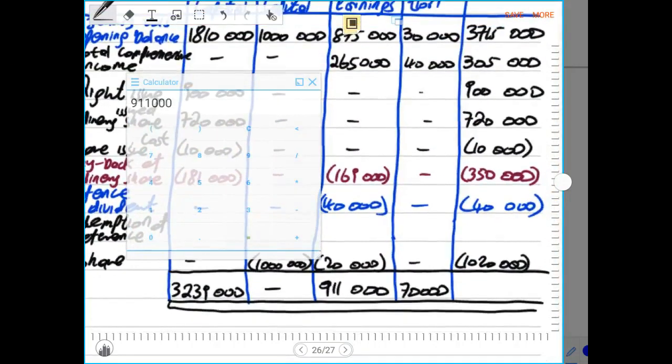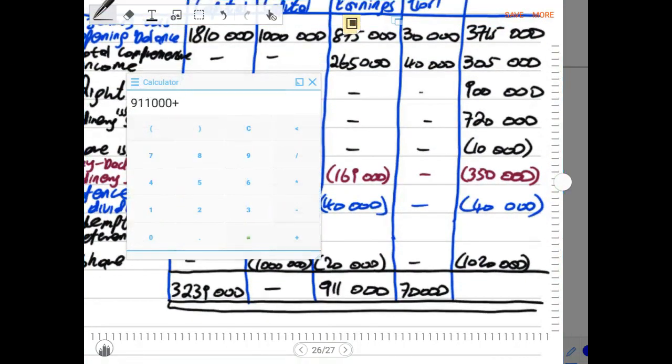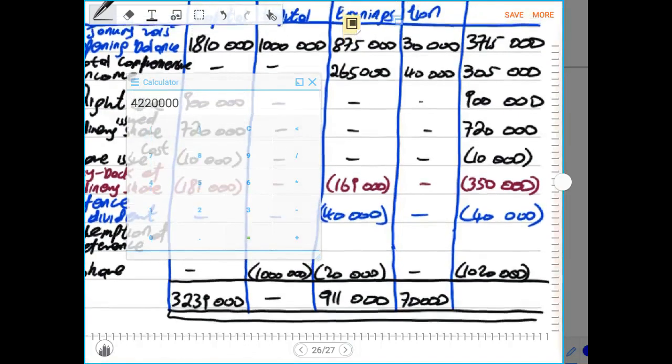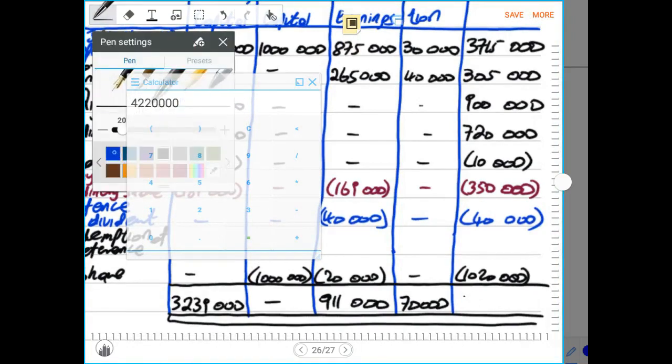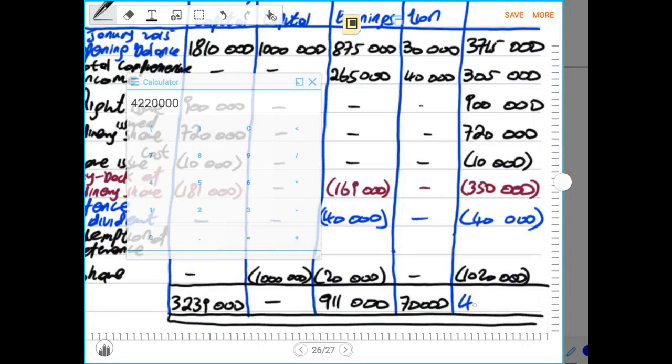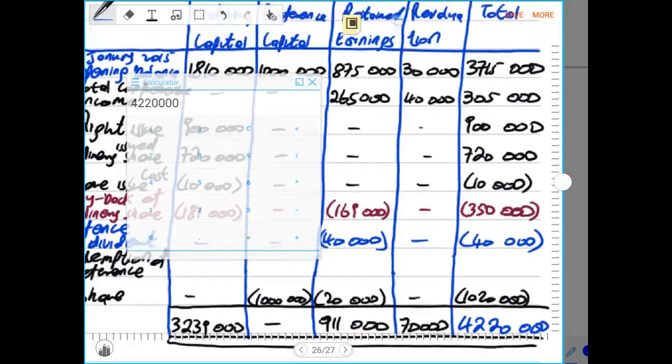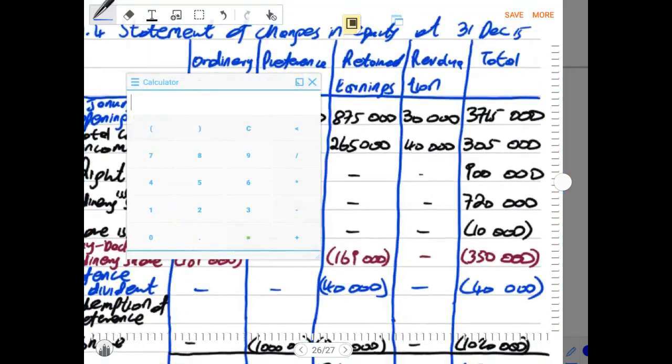Now let us check the totals. Plus 70,000 plus 3,239,000. This gives us 4,220,000.